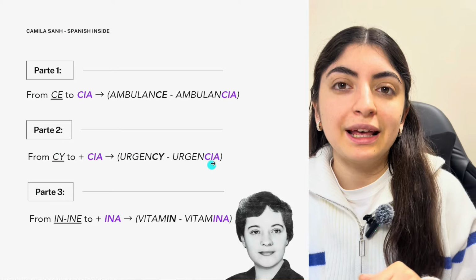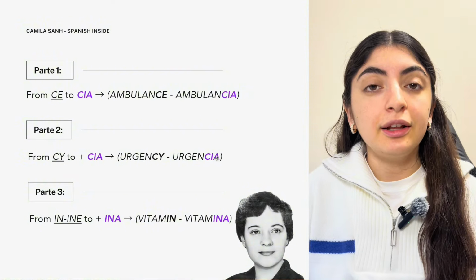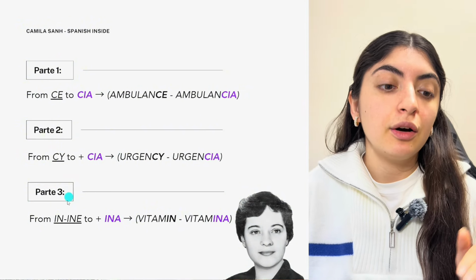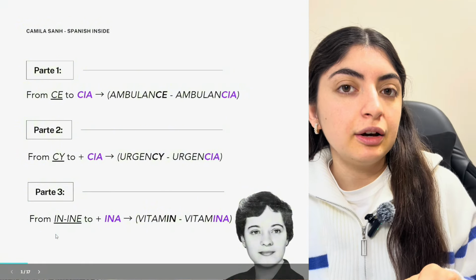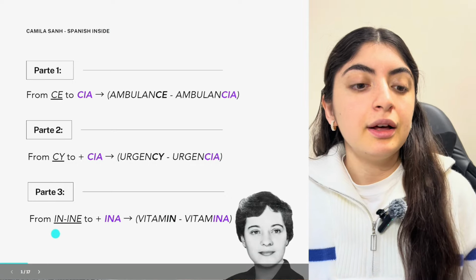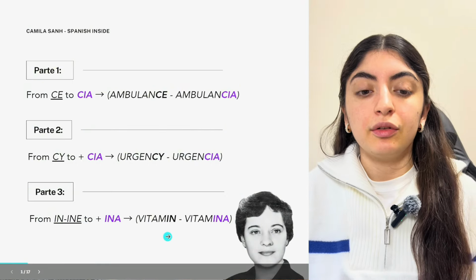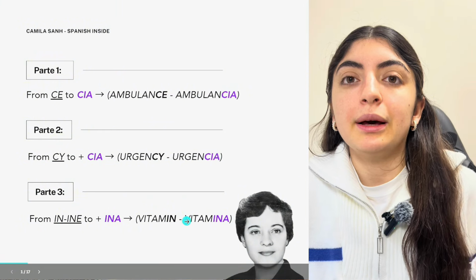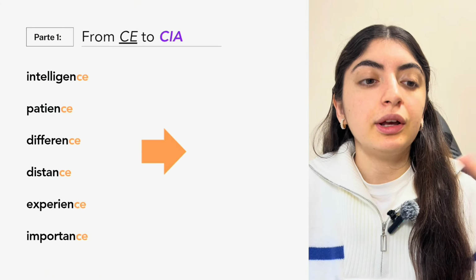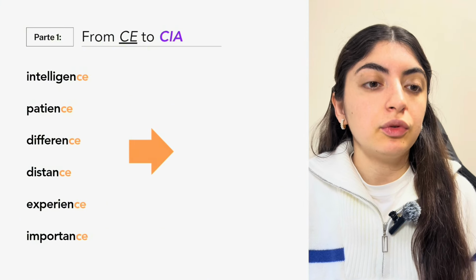Urgency, urgencia. Then the last part is words ending in -in or -ine and transform it adding -ina. For example, vitamin, vitamina. Let's bring some of the vocabulary we already know.